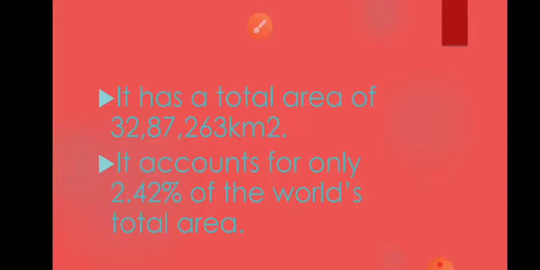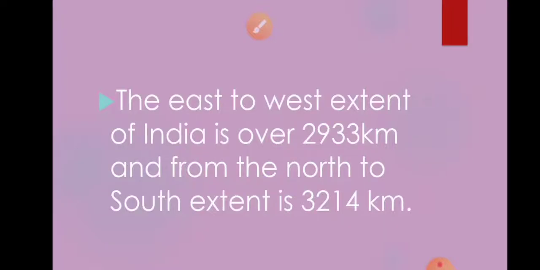Okay children, the extent of India from east to west is over 2,933 kilometers, and from north to south the extent is 3,214 kilometers. So this is all about the north to south and east to west extent of India.